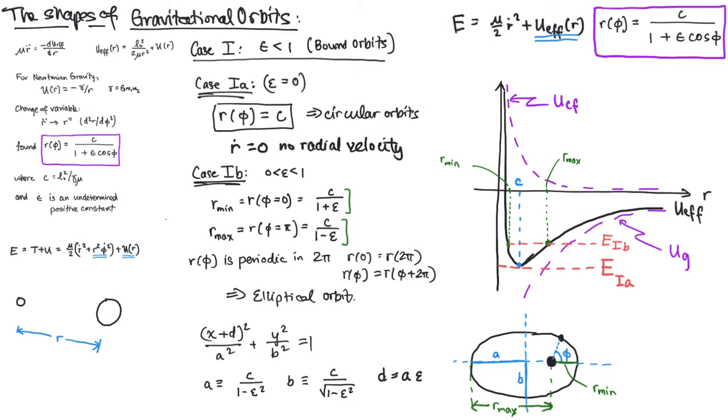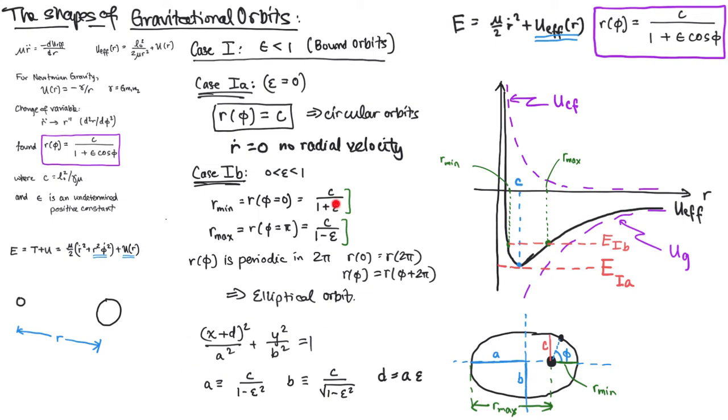And what else can we say? Well, when phi, up here in the right corner, is equal to 90 degrees, cosine phi is 0. So when phi is 90 degrees, r equals c. So this height right here, when phi would be 90 degrees, is equal to c. So that's a graphical representation of all of the constants in the equation for the ellipse.